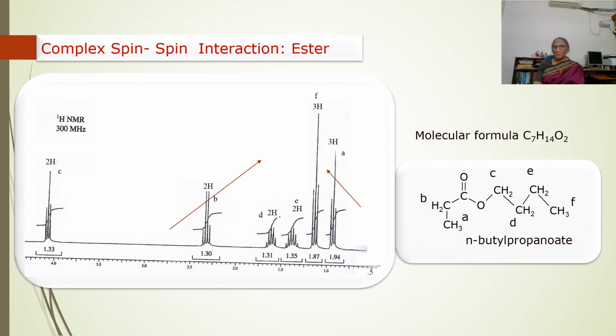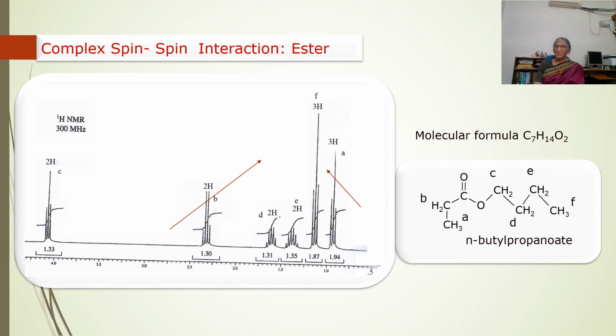Signal from the E methylene protons: the neighbors are the methyl and the methylene. 3 plus 2, 5 neighboring protons, plus 1, it will be a sextet. So a sextet is seen for the protons E. In this manner we can interpret the spectrum and elucidate the structure of the ester.